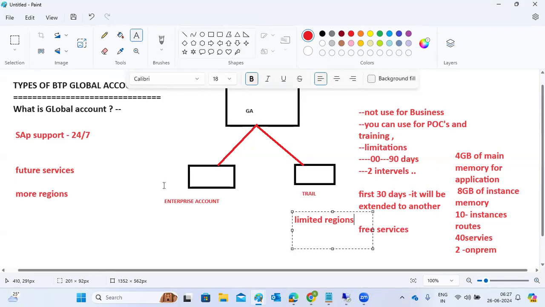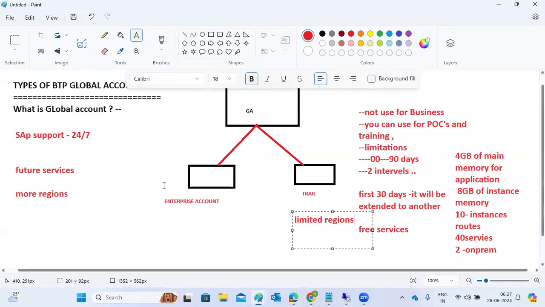The enterprise account is an organization account. We have to use it for the business. Organizations will use this enterprise global account for their business purpose. Why?